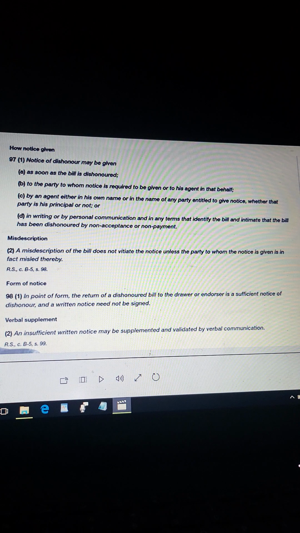In point of form, the return of a dishonored bill to the drawer or endorser is a sufficient notice of dishonor, and a written notice need not be signed. Verbal supplement. 2. An insufficient written notice may be supplemented and validated by verbal communication.